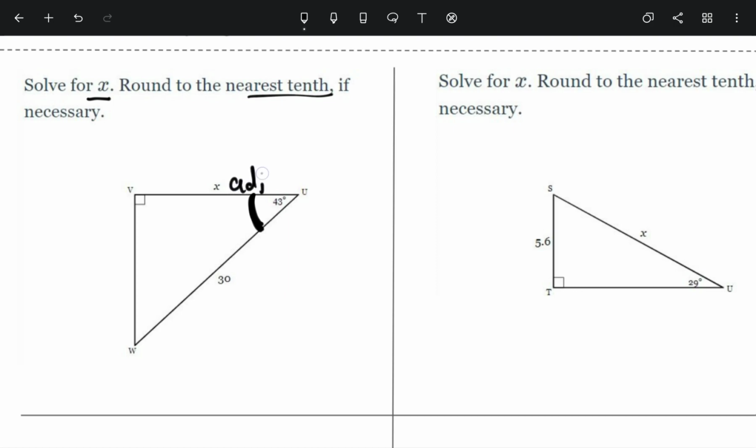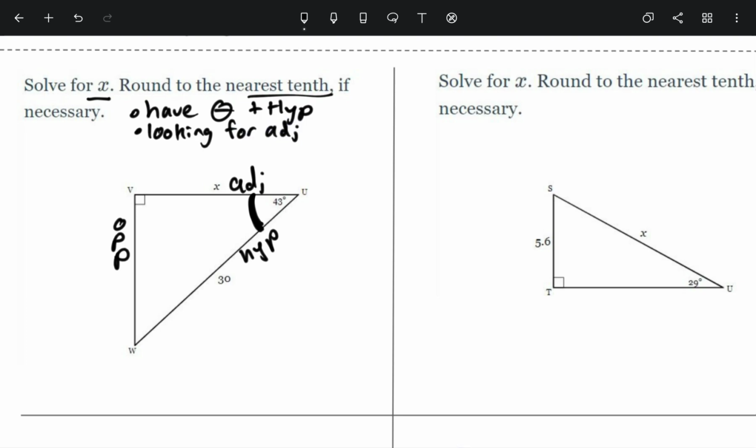This is our adjacent, this is our hypotenuse, and this is our opposite. Okay, we have the angle and the hypotenuse. We are looking for the adjacent. So adjacent and hypotenuse, those mean cosine.